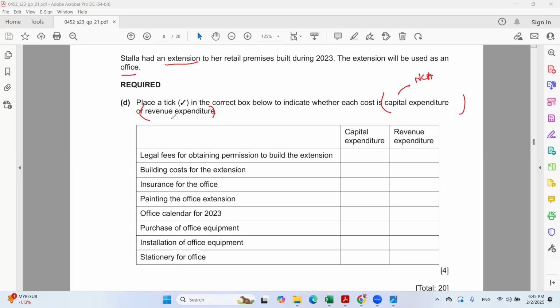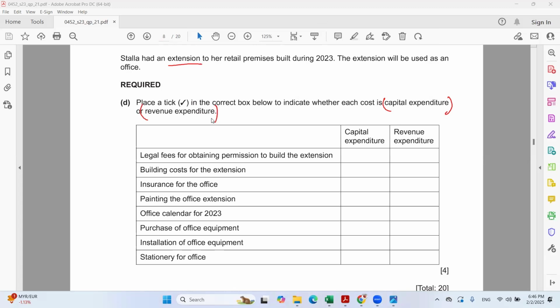The extension of the premises normally refers to capital expenditure, but not all items are. Capital expenditure is the money spent on non-current assets, whether you purchase a new non-current asset, or extend or improve a non-current asset. That is called capital expenditure.